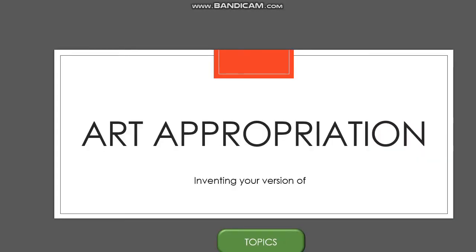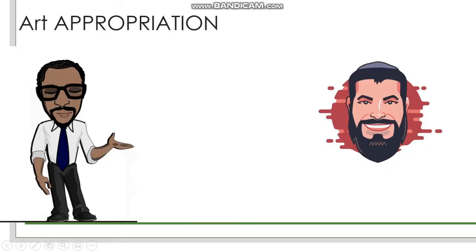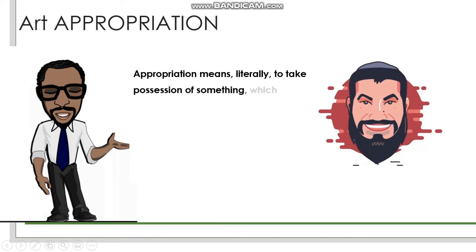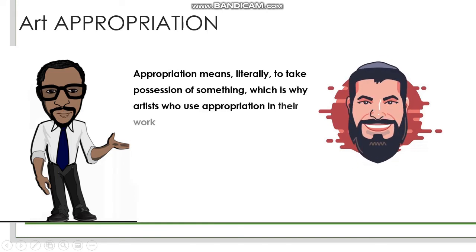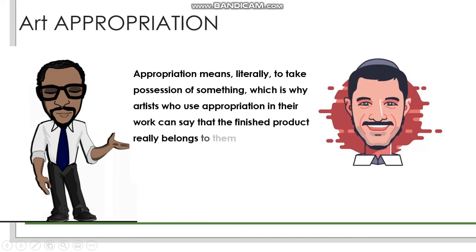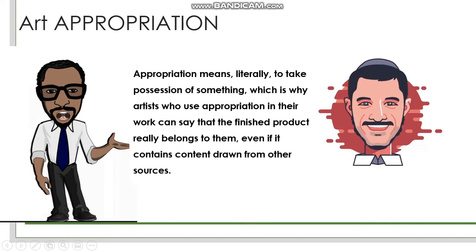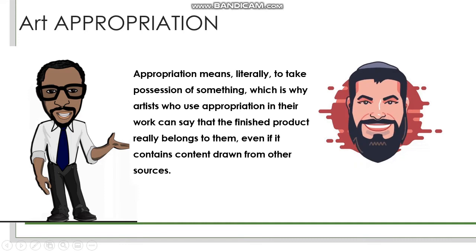Art appropriation. Appropriation means literally to take possession of something, which is why artists who use appropriation in their work can say that the finished product really belongs to them, even if it contains content drawn from other sources.